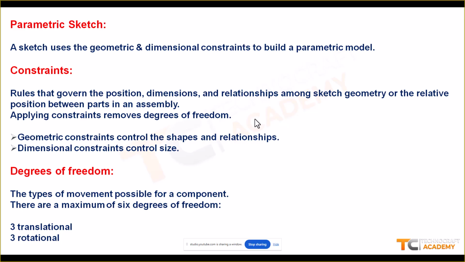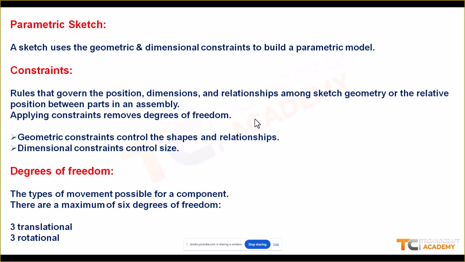If I specify that, then that sketch will become a fully constrained parametric sketch. Very important. I hope it is clear. A geometric constraint controls the shape of your design, and dimensional constraints control the size of your design.